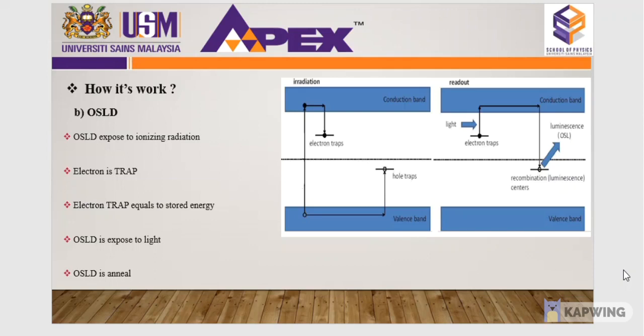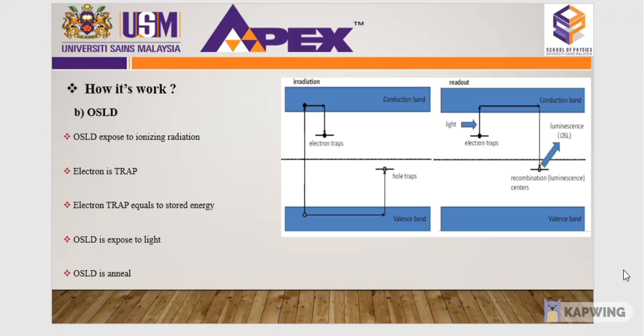But the question is how the electron returns to the valence band. The answer is when the electron is exposed to light. Yes, light, not heat, and this is the main difference between TLD and OSLD in terms of stimulation method.